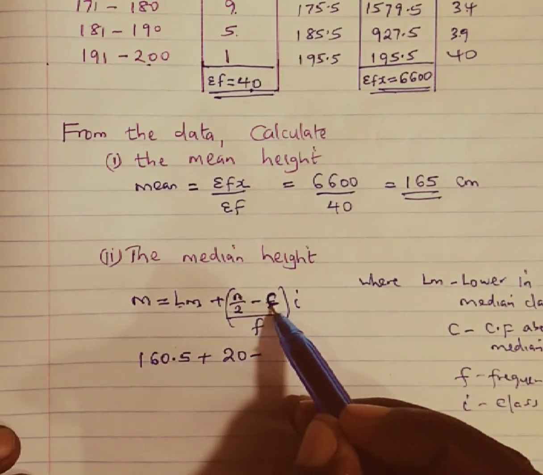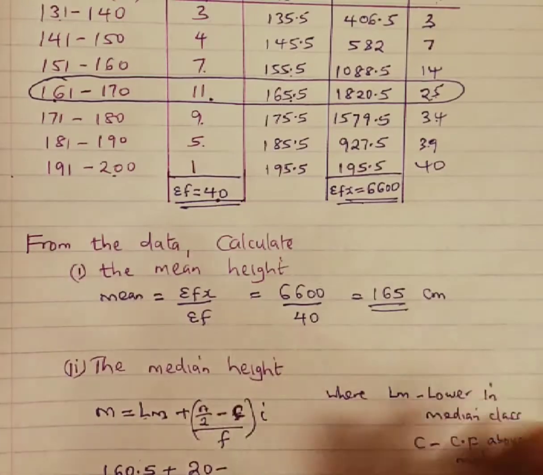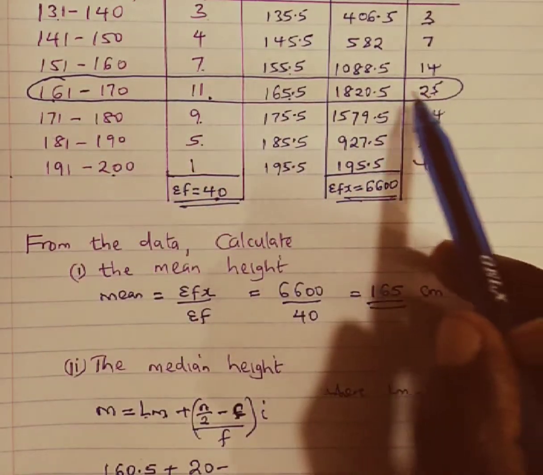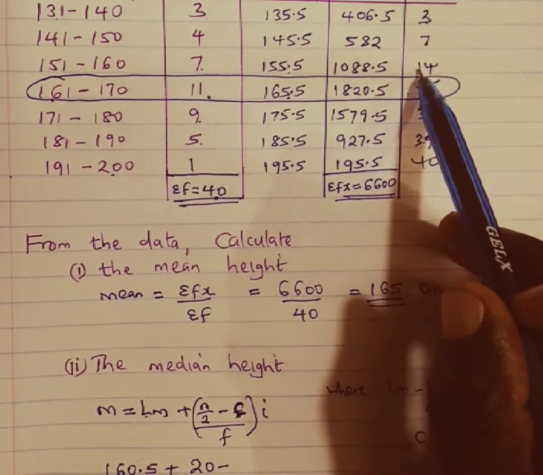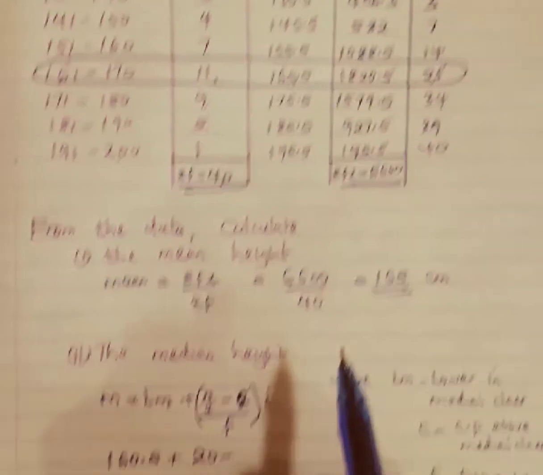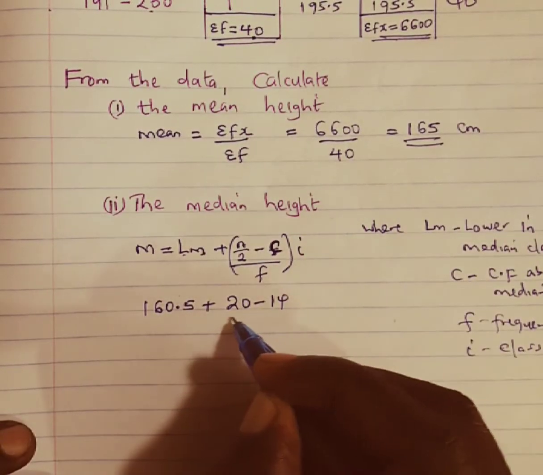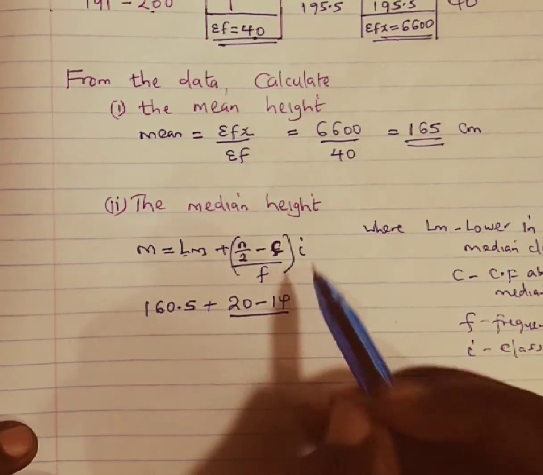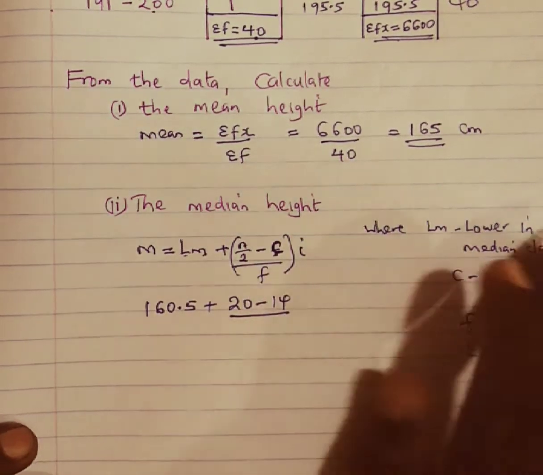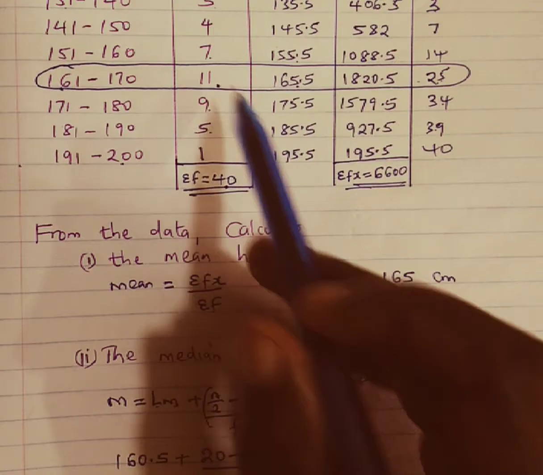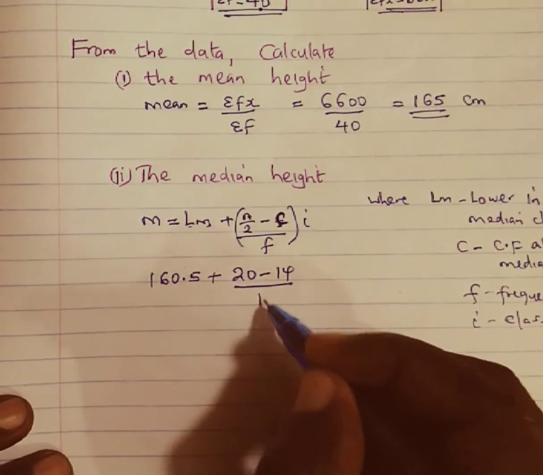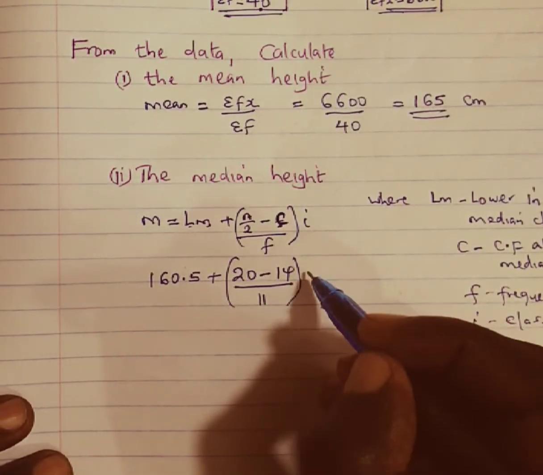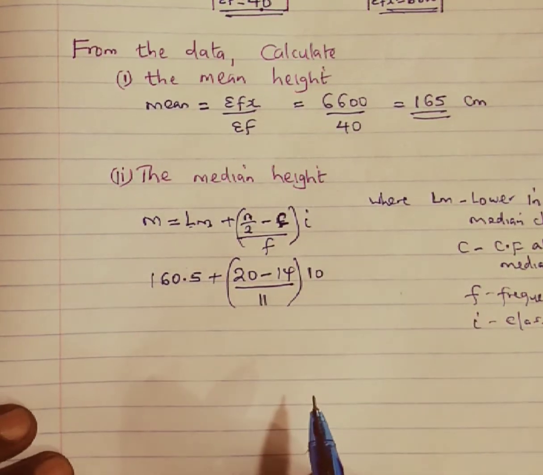Minus C. C is the cumulative frequency above the median class. This is the median class here. The cumulative frequency above this class is 14. You divide by F, and F is the frequency in this class, which is 11. We multiply by the class interval, which is 10.